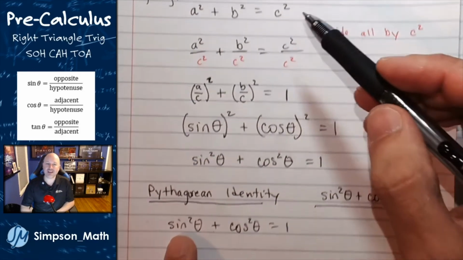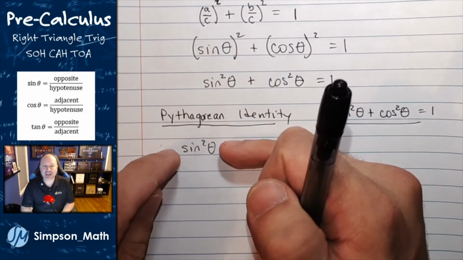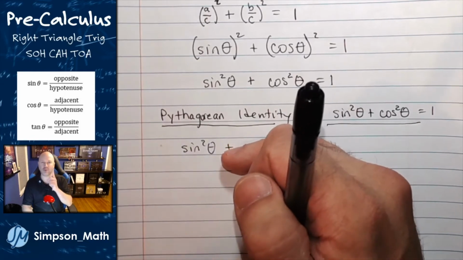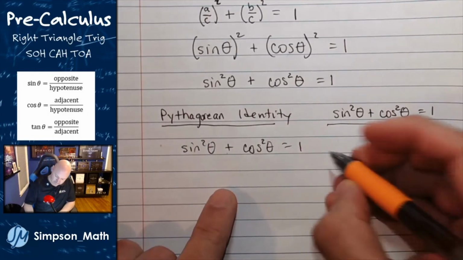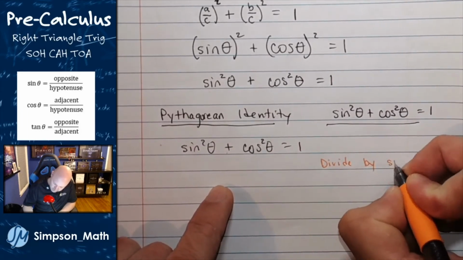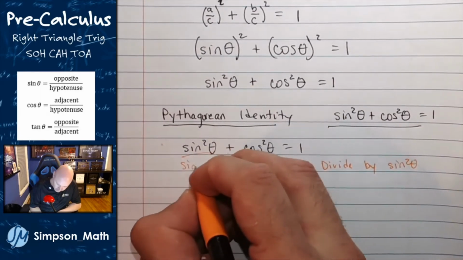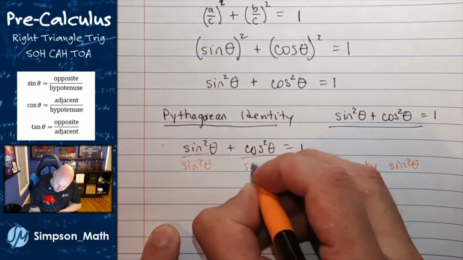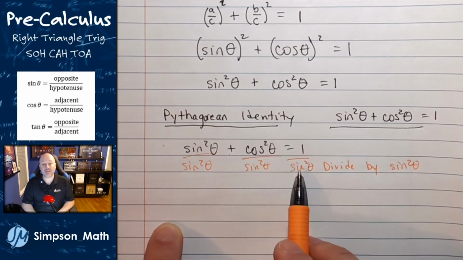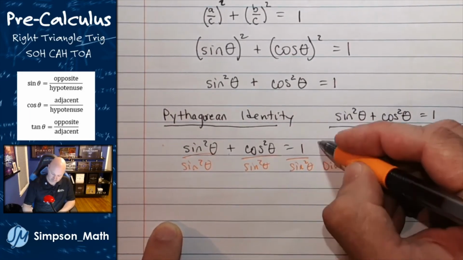It was easy to divide. I think I'm going to do that again. I'm going to divide by sine squared. Sine squared divided by itself would give me another cool little 1. I can divide the right-hand side of the equation as long as I do it to the left as well, dividing everything.